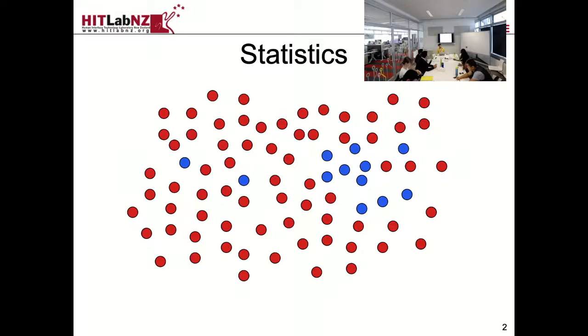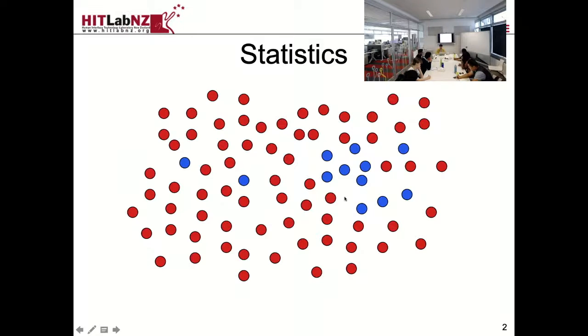Statistics is needed because a census is quite expensive, and sometimes it is an idea but actually impossible. From the population, the red dots represent all the population from the data, and sometimes it is hard to check everything.